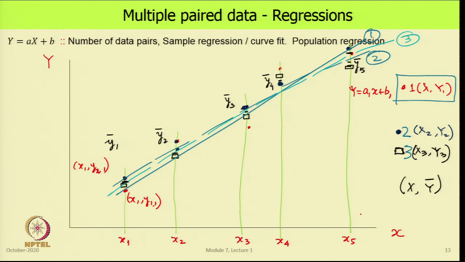So, their regression constants are a and b. The second person gets y is equal to a2 x plus b2. The third person gets y equal to a3 x plus b3, and as many such regressions as there were.